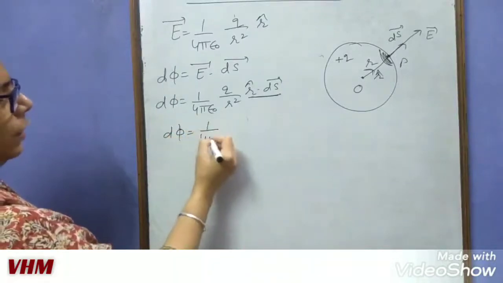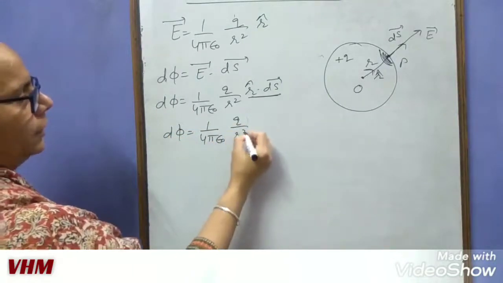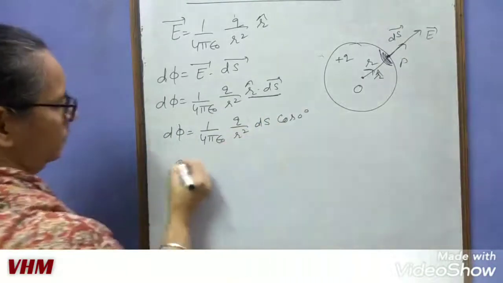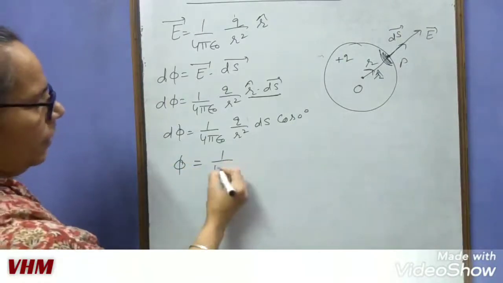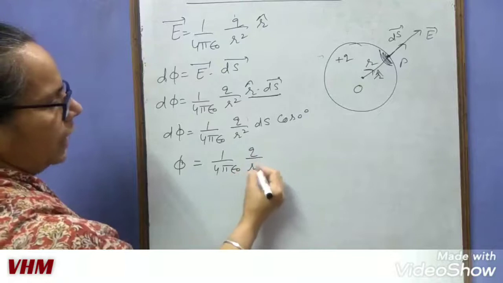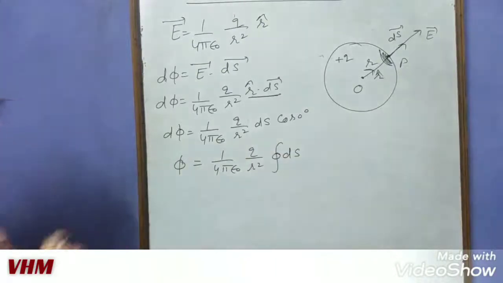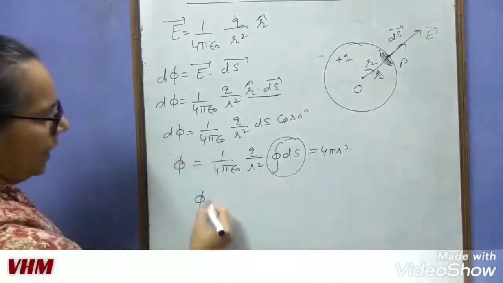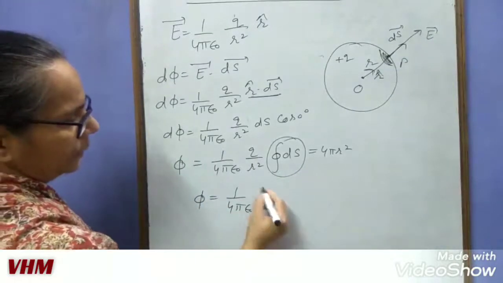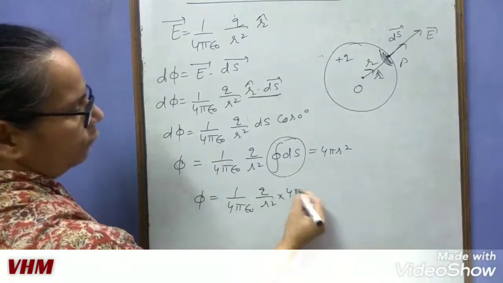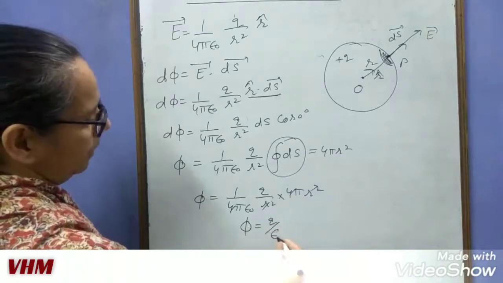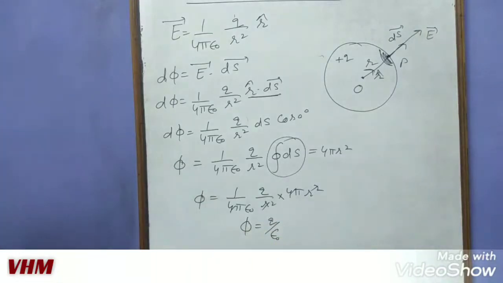So d phi is 1 over 4 pi epsilon naught Q upon R square ds cos 0, and cos 0 is 1. So how do we get phi? 1 over 4 pi epsilon naught Q upon r square for the closed surface. This is the surface integral, and its value is 4 pi r square. So phi is 1 over 4 pi epsilon naught Q upon r square times 4 pi r square. What did we get here? Flux is Q by epsilon naught, and this is the Gauss theorem.